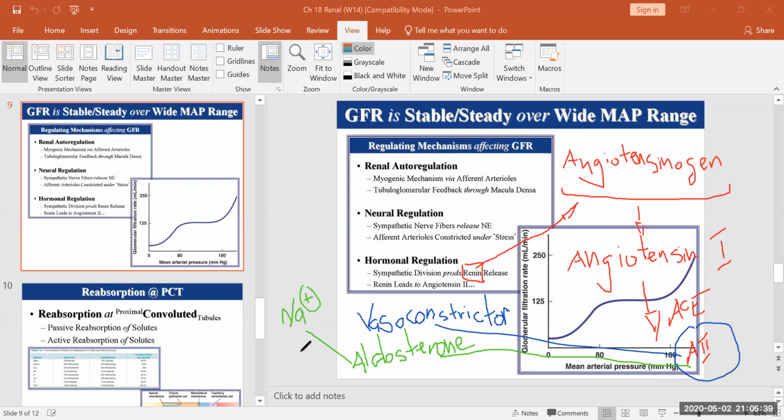In other words, it helps the body to retain sodium. And remember, wherever salt goes, water follows. It will also induce the body to retain water. So that's the consequence of releasing angiotensin 2.